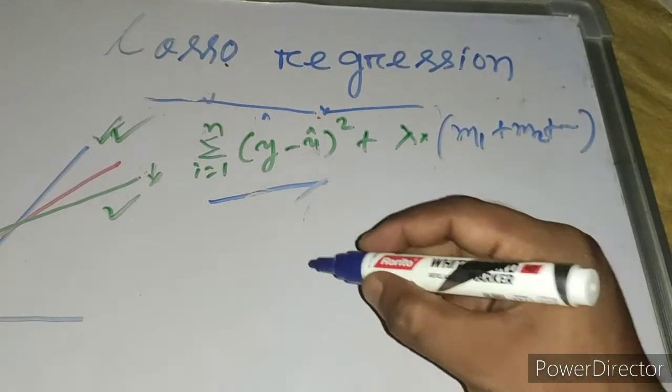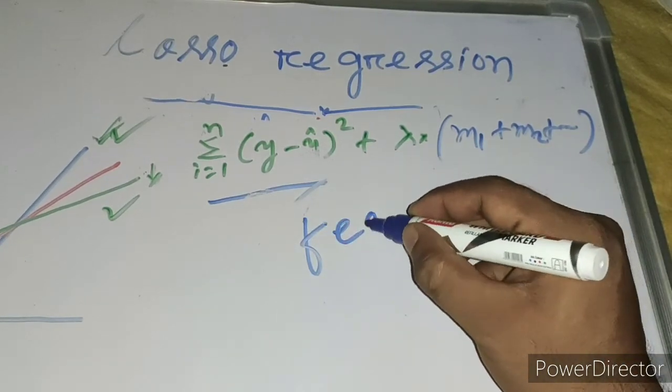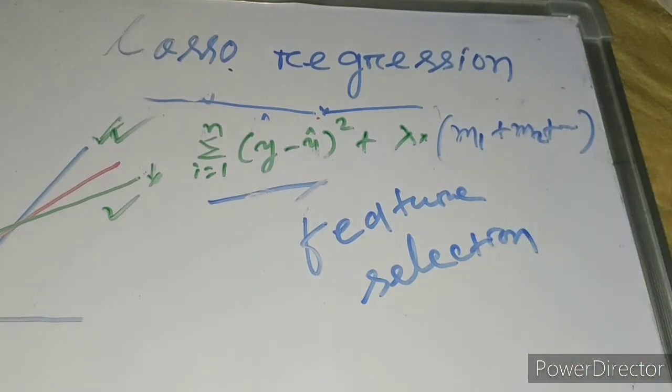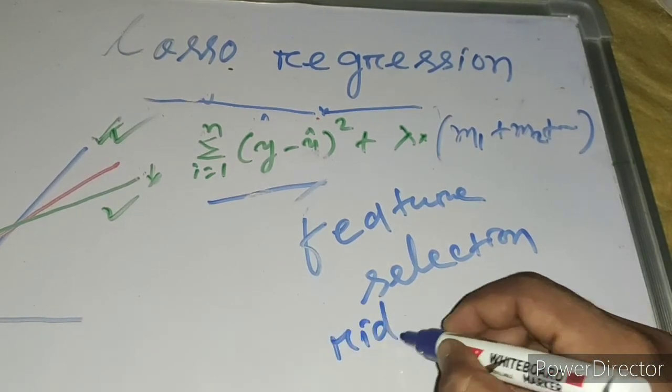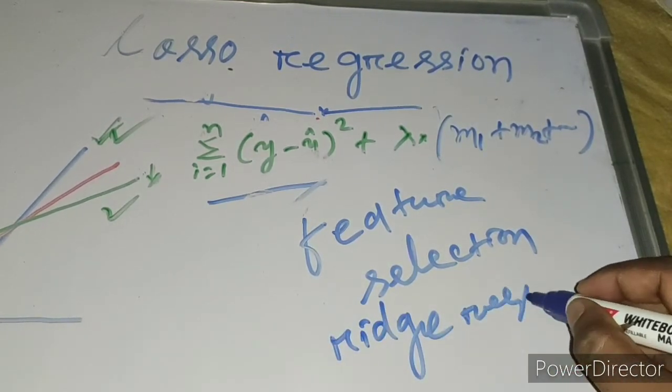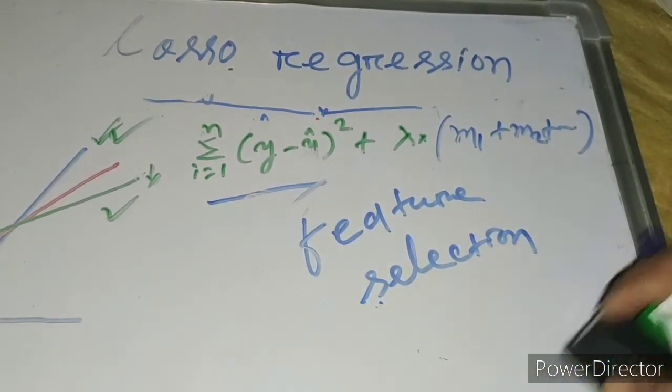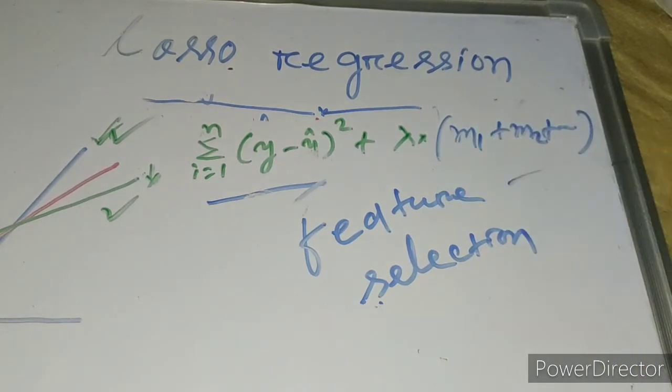So ultimately, lasso regression is helping us in feature selection, which is quite an advantage of lasso regression. But if most of the features are quite relevant for us, that time we can go for ridge regression. If there are so many features and we are not sure how many features have to be selected, that time we can go for lasso regression. This is the similarity and difference between ridge and lasso regression.